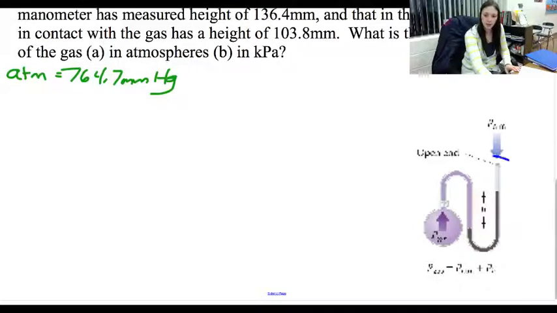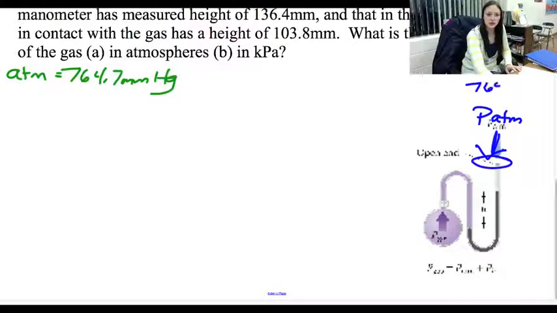It's an open end because the top portion here is open. So that means the atmospheric pressure is the thing pushing down there, the pressure of the atmosphere. And that 764.7 millimeters is pushing down here. Well, I want to know then, what's the pressure of the gas in the purple here?